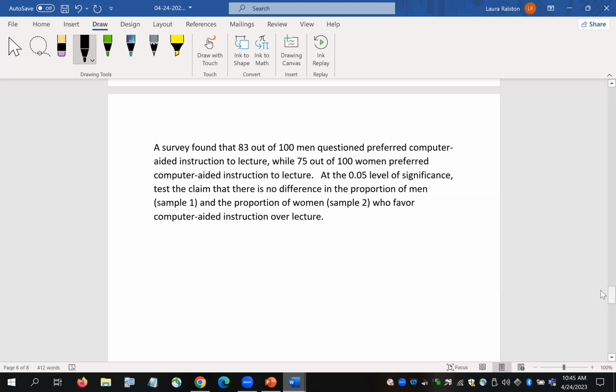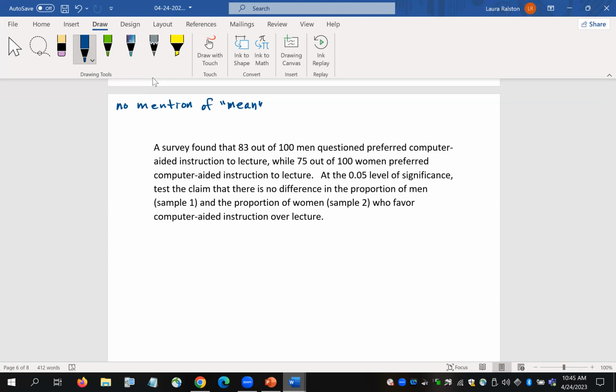Okay, so a couple of things to think about. In this scenario, there is no mention of the mean. It may not be as obvious that you're dealing with proportions or percentages because there are really no percentages given here.